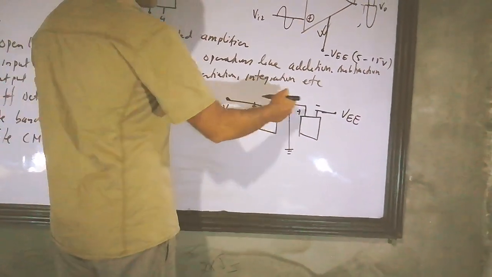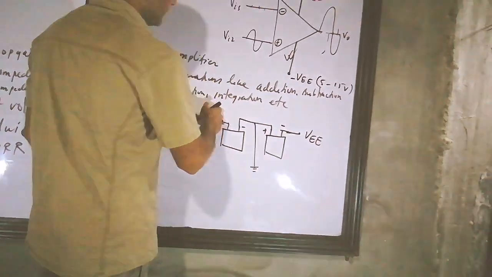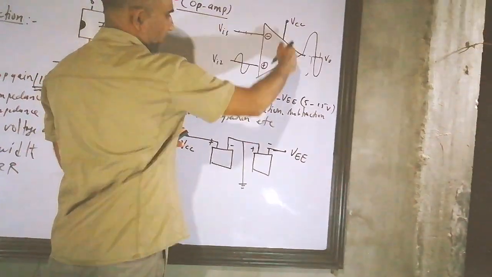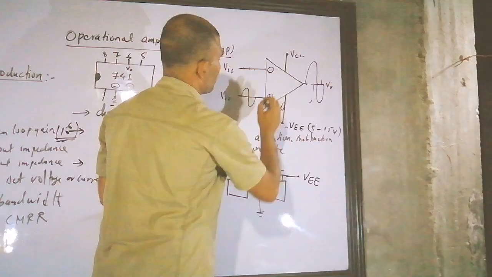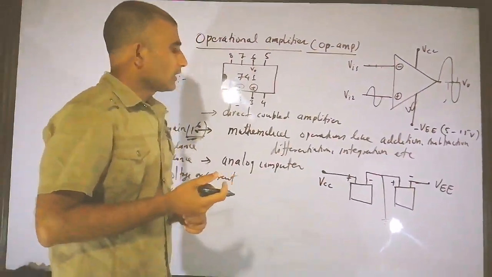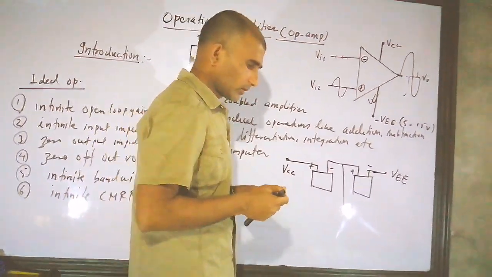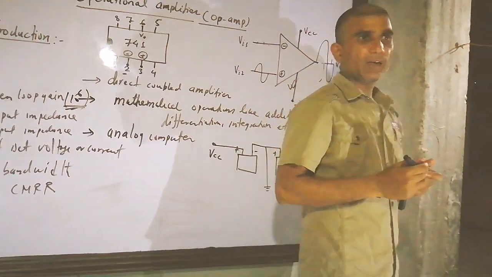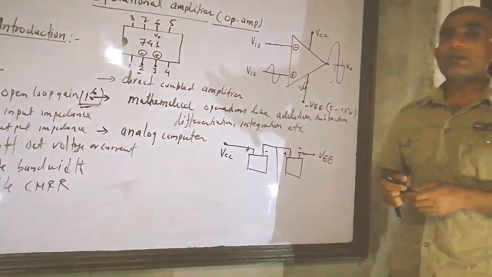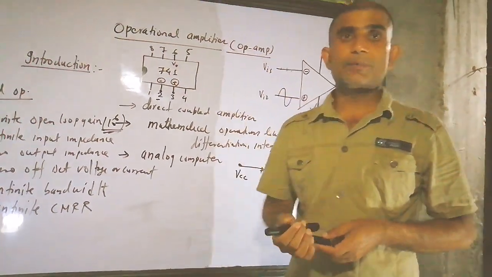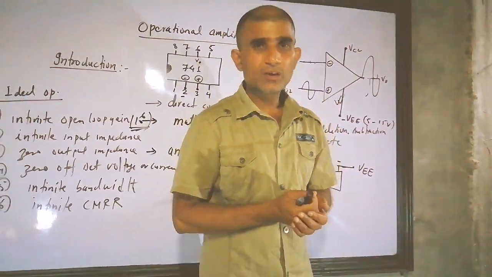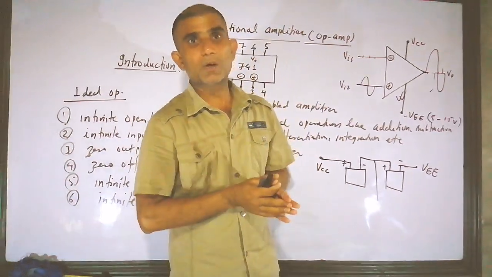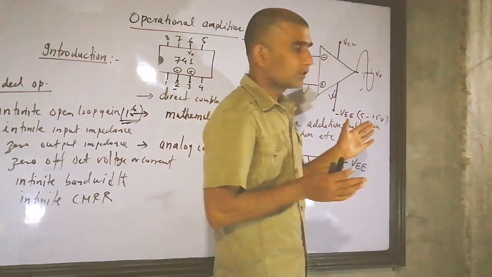Like this you can make the dual power supply, with VCC connected here and VEE connected here, and the operational amplifier gets the dual power supply. We can even buy a ready-made dual power supply, and even the power supply unit of your computer, the PSU, has minus 5 and plus 5 volt supplies, which you can use to operate it.